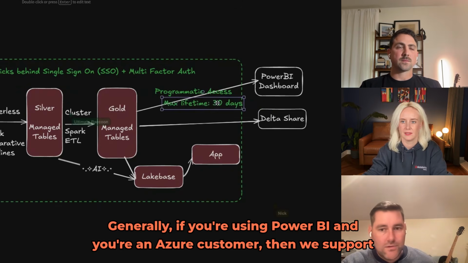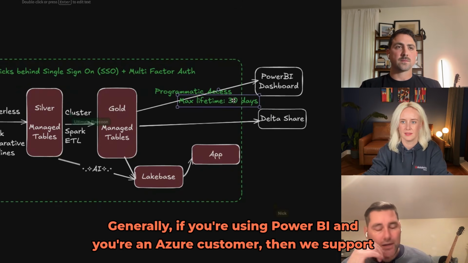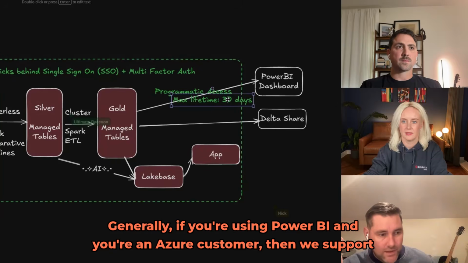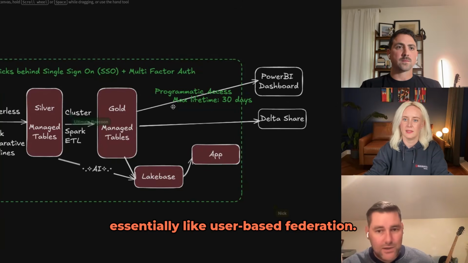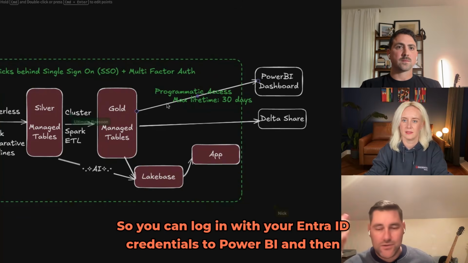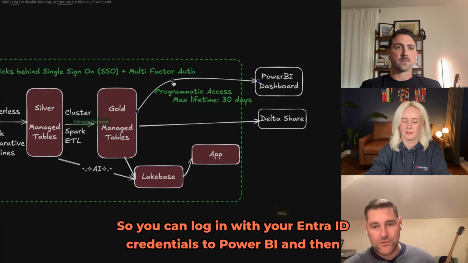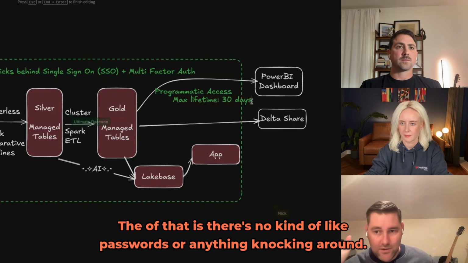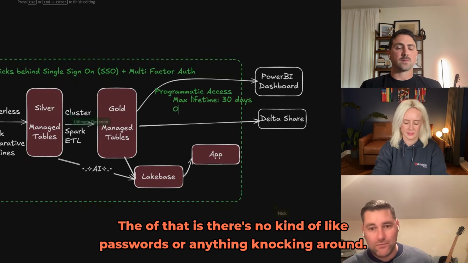Generally, if you're using Power BI and you're an Azure customer, we support user-based federation, so you can log in with your Entra ID credentials to Power BI, and the benefit is there are no passwords knocking around.